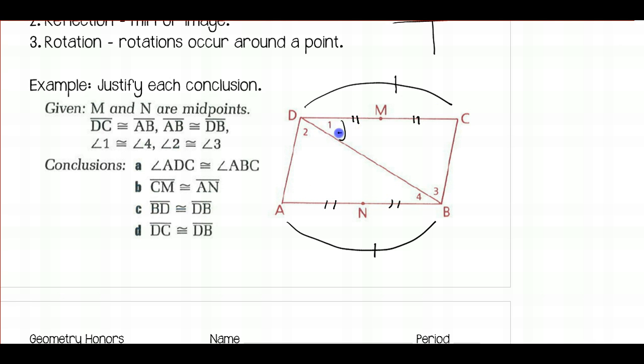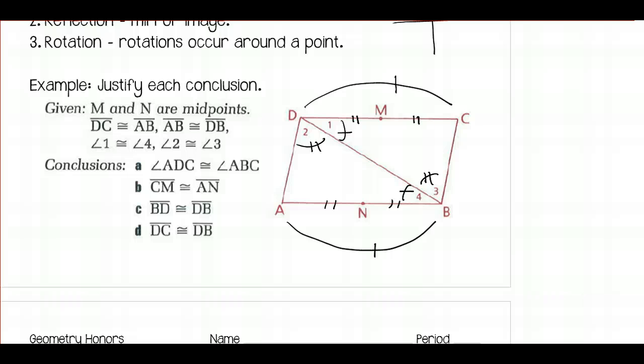I've got angle 1 congruent to angle 4, and angle 2 congruent to angle 3. Alright, so why don't you go ahead and see if you can come up with a conclusion for each of these. Go ahead and pause the video, and then when you restart it, we'll have the answers there, and then you can check.